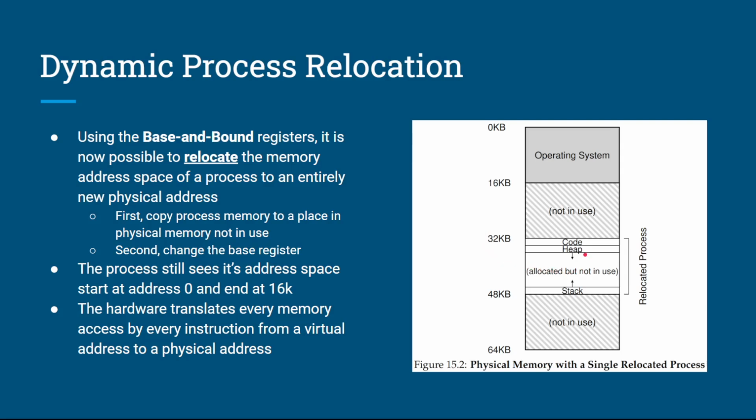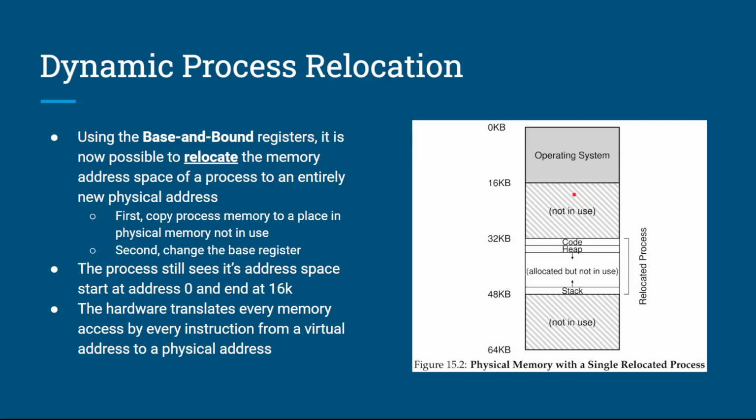Consider for a moment what would happen if we copied this 16K of memory up here, putting all of the process memory in this block starting from 16K and going to 32K in physical memory.